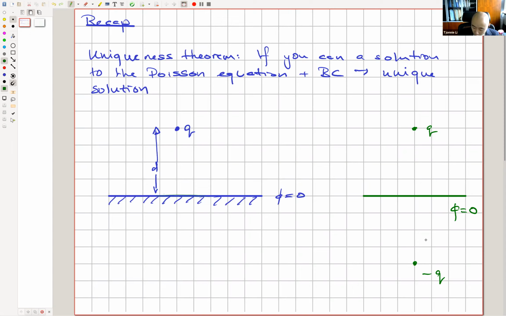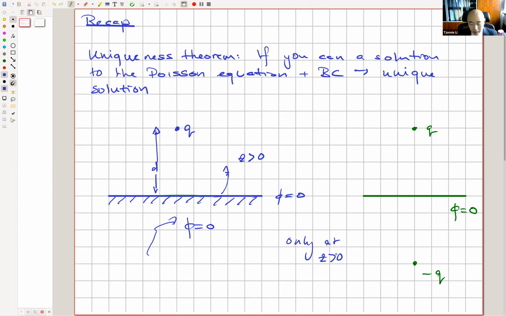For the blue scenario, I know that in the bulk the phi is constant. But I'm interested in the region here, z bigger than 0. And so I can use the solution to the green, but only at z bigger than 0.